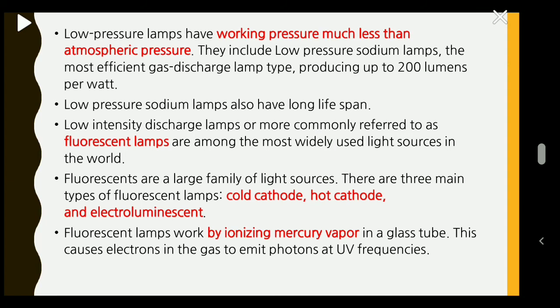Fluorescent lamps work by ionizing mercury vapor in a glass tube. This causes electrons in the gas to emit photons at UV frequencies. The UV light is converted into standard visible light using a phosphor coating on the inside of the tube.